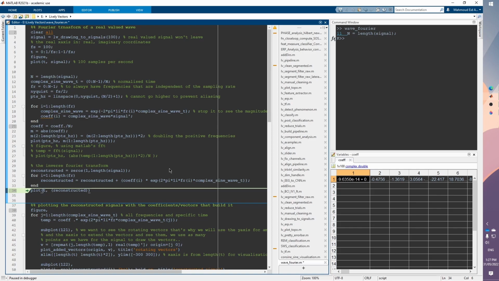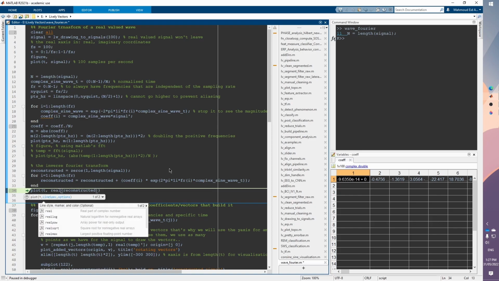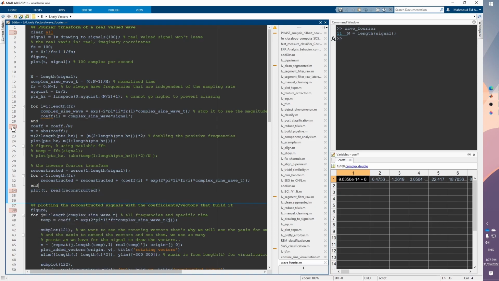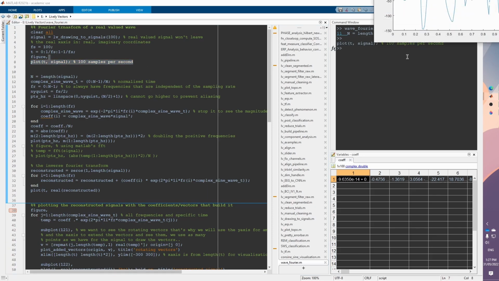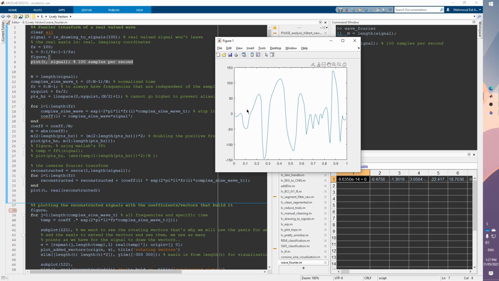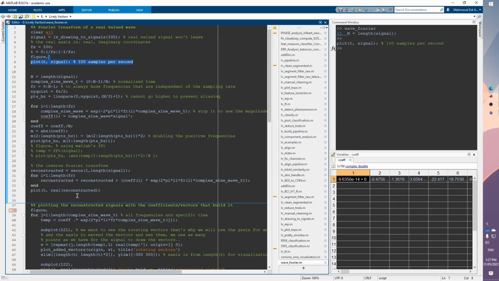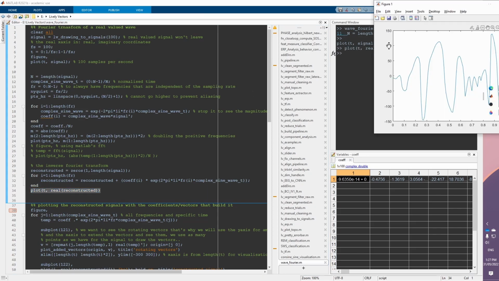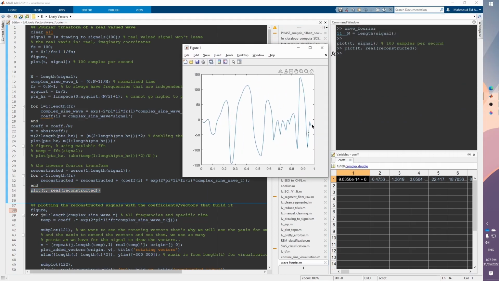What we need to know is that we are looking at the real part of the signal, because this is a real signal, and we are trying to recover our signal. If you remember, this is the shape of our signal, and what we have estimated right now is the reconstructed version of our signal, and we can see that it's exactly the same signal.